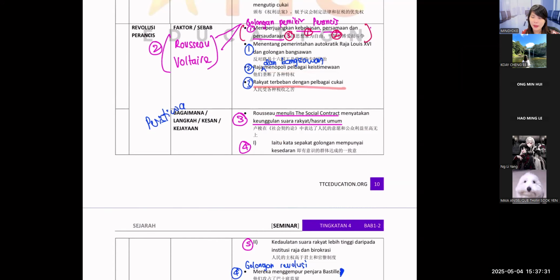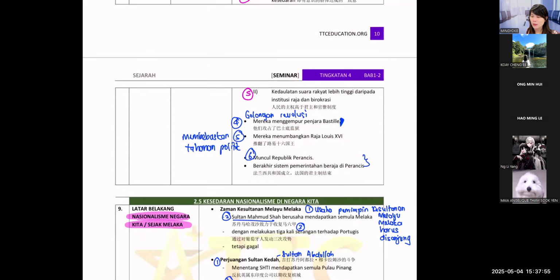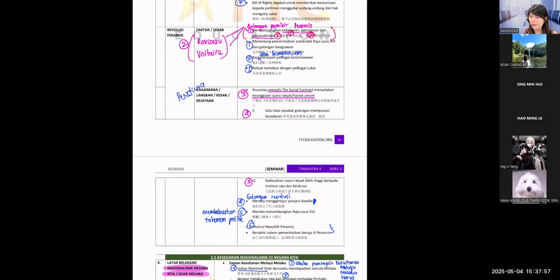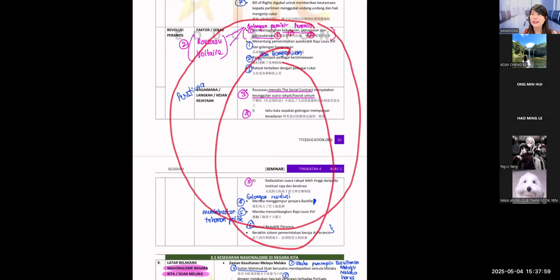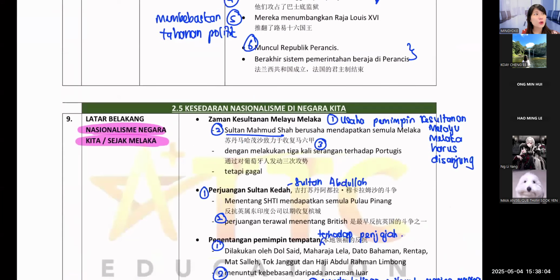The people are the ones burdened with various taxes, and therefore the revolution group attack the Bastille Prison and free all the political prisoners that were captured, and they overthrow King Louis XVI, and that's when the Republic of France forms, the end of the king's government system in France. So actually the pink one and the blue one here alone is enough for you. Then 2.3, 2.4, you can just go through yourself.